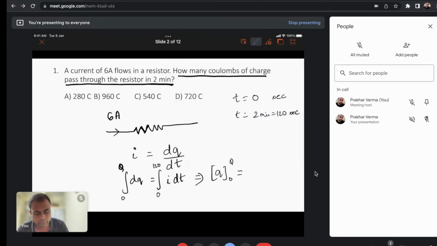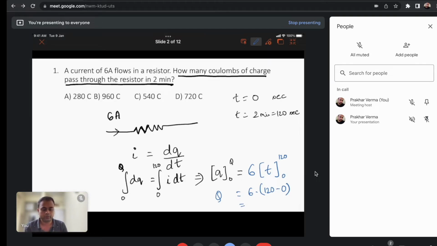The time integral has lower limit 0 seconds and upper limit 120 seconds. So on the LHS it comes capital Q, whereas on the RHS this becomes 6 into (120 minus 0). I'm solving this step by step just to clear all the doubts.